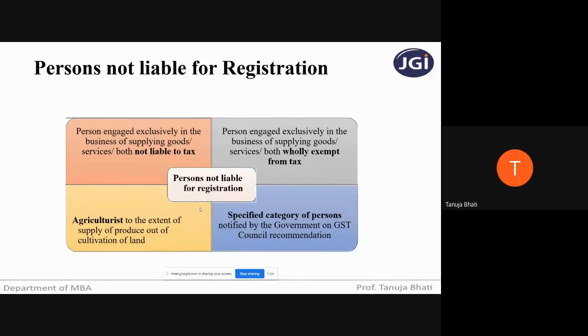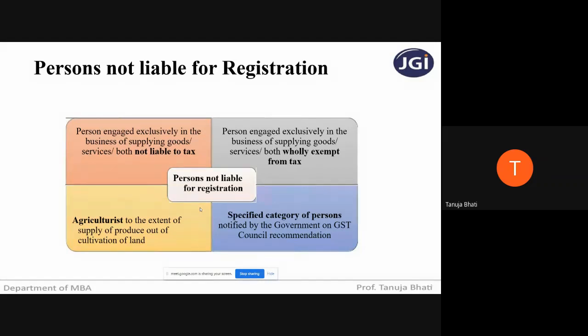Okay. So just to see whether you have understood this, I'll ask a few examples. Just tell me whether they are liable for registration or not. Suppose Mr. X is a supplier in Maharashtra and he's exclusively engaged in supplying potatoes, and these potatoes are produced out of the cultivation that he is making in his own land within the state of Maharashtra and even outside the state of Maharashtra.